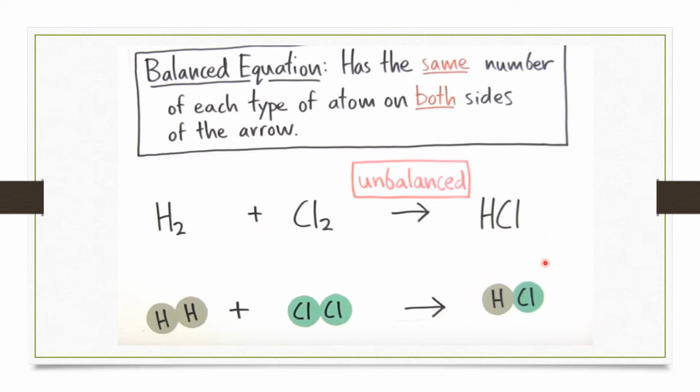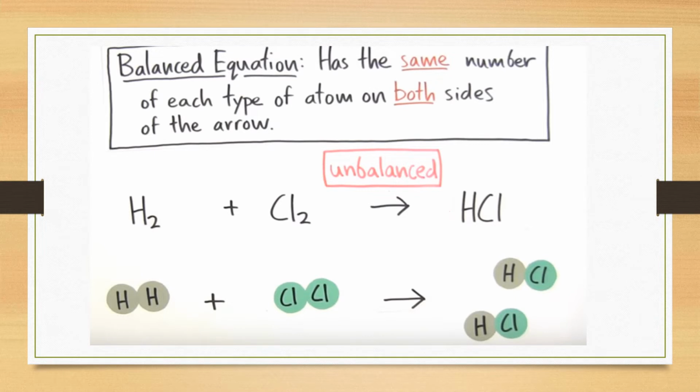Now, on the product side, the hydrogen atom and the chlorine atom are joined together to form HCl molecule. Therefore, you must add HCl molecules instead of separate hydrogen and Cl atoms to balance the equation.